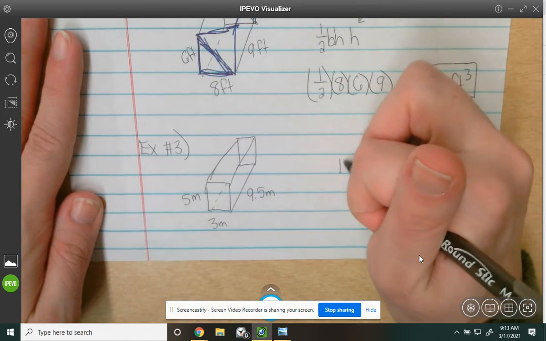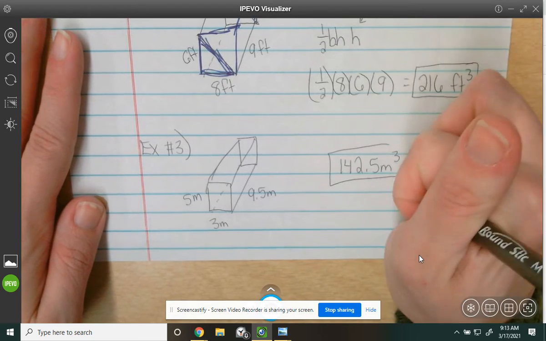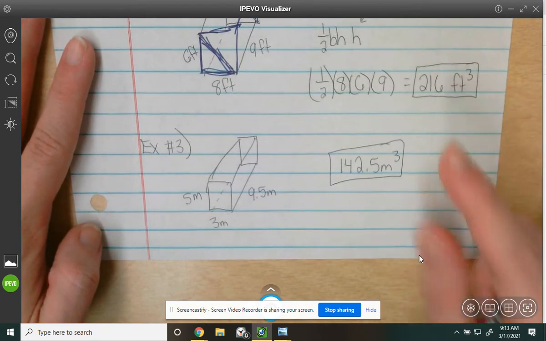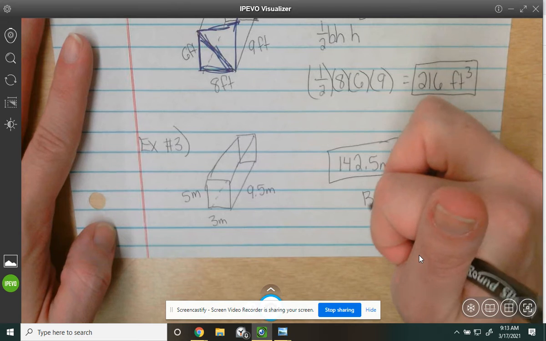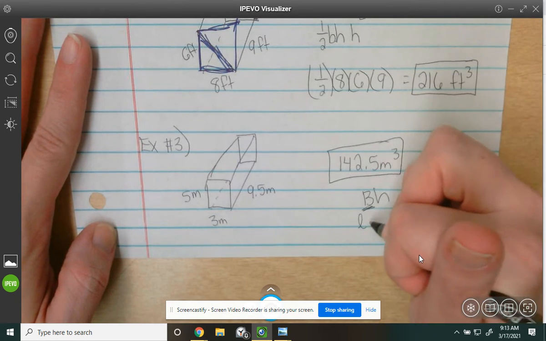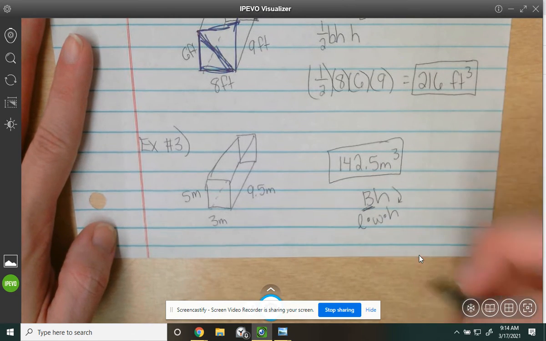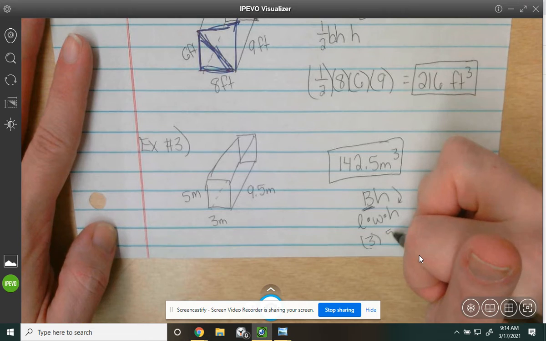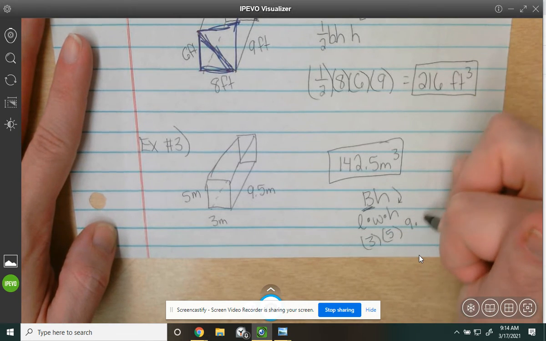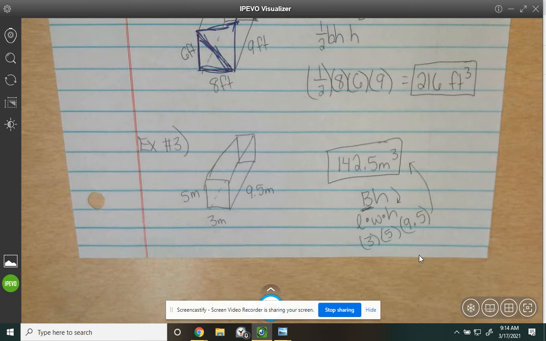Okay, hopefully you got 142.5 meters cubed. If you did, you can skip on to example 4. If not, what we do, BH, it's a rectangular prism. So instead of B, I'm doing length times width times height. So I'm dropping that H down. So 3 times 5 times 9.5. And that should get you 142.5.